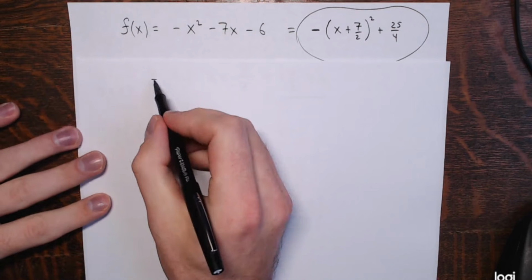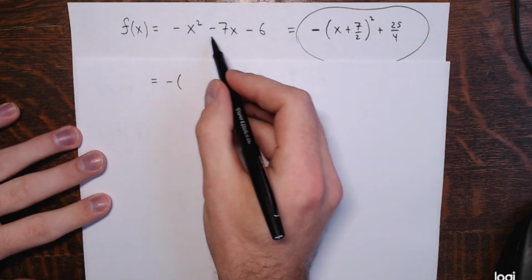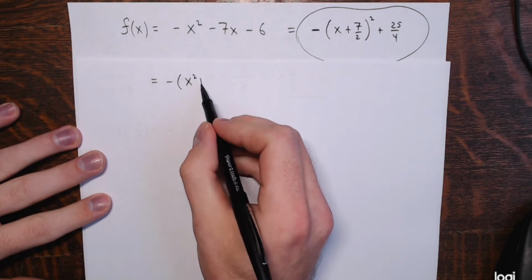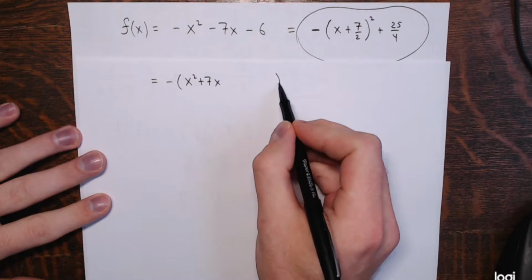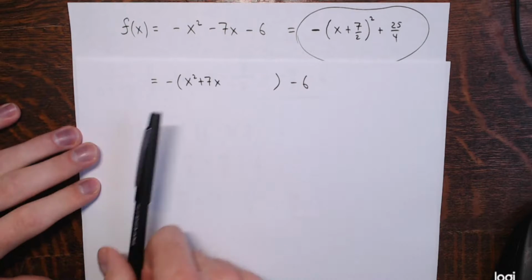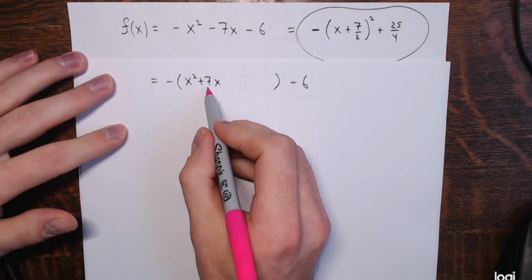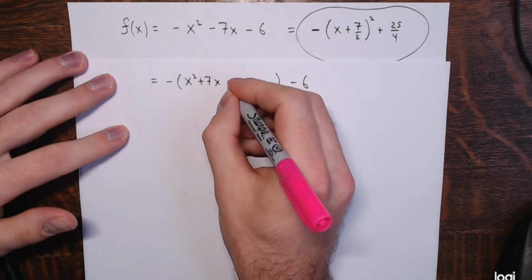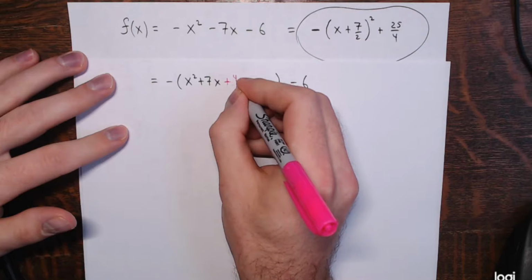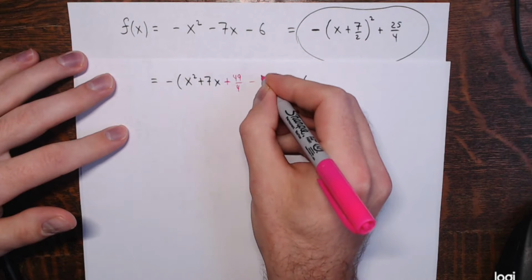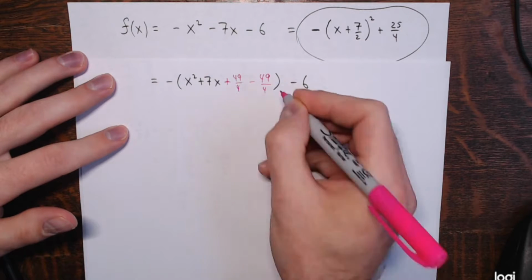Or you could complete the square: factor a negative 1 out of the x terms, and leave some space here, and then you've got minus 6, and then complete the square on the x terms. Half of 7 is 7 halves. Squared would be 49 fourths. So I'm going to add and subtract 49 fourths inside the parentheses.